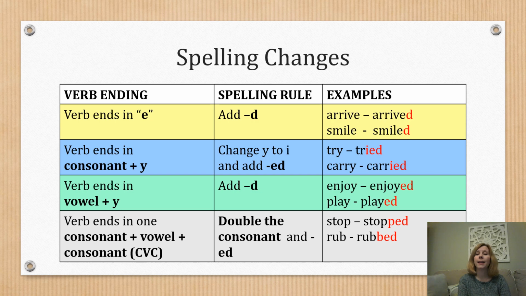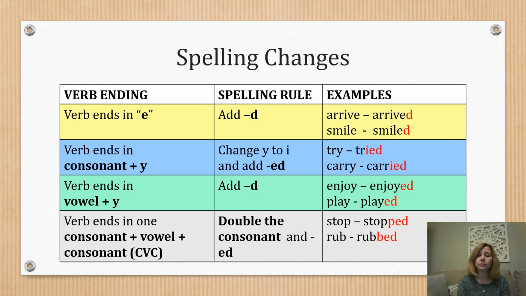So play, played. And my last main spelling rule is you have consonant plus vowel plus consonant at the end of the verb, or the verb is a consonant, vowel, consonant. What you have to do for the spelling change is double the consonant and add ed.